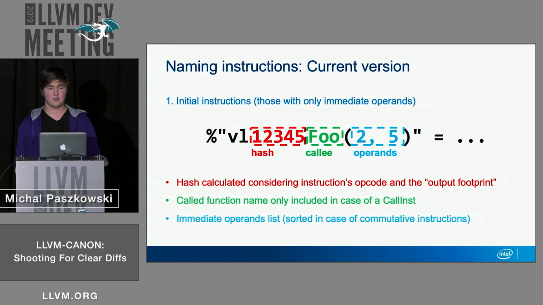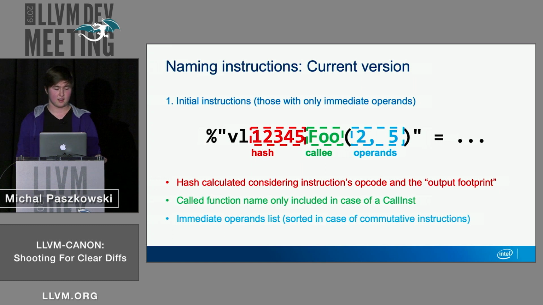The output footprint is a vector of unique indices, so distances from the beginning of the basic block, of output instructions. So let's say we have an instruction which is used by outputs 5, 7, 9, and 11, so these would be the integers we use to generate this hash.